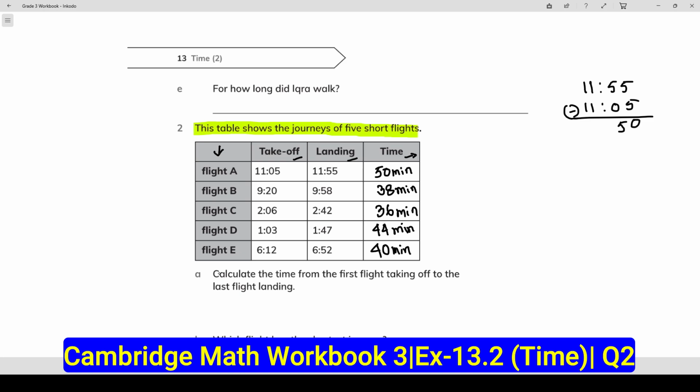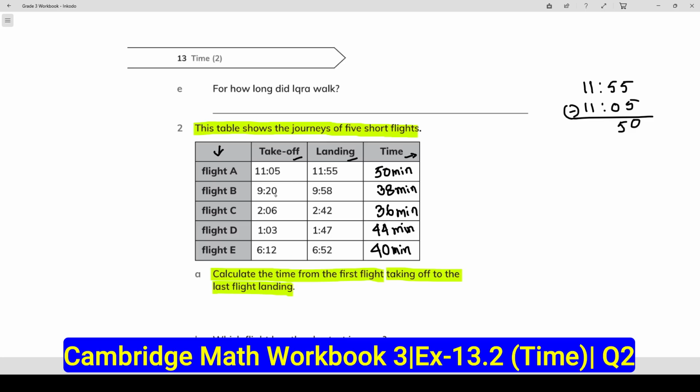Our first question, calculate the time from the first flight taking off to the last flight landing. So from here we have to find out which flight is the first taking off.